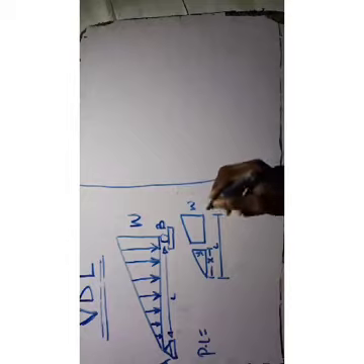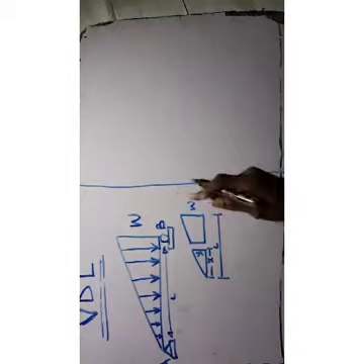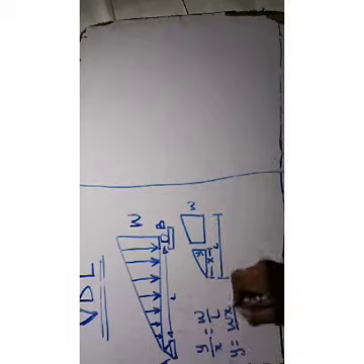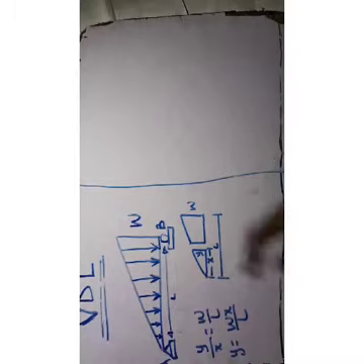So we can say that Y is of the same proportion: Y over X equals W over L. So you can say Y equals WX over L. This is in case you want to section it.